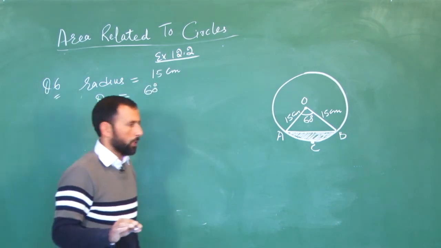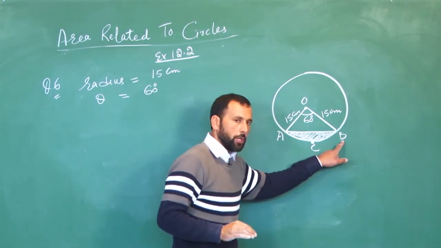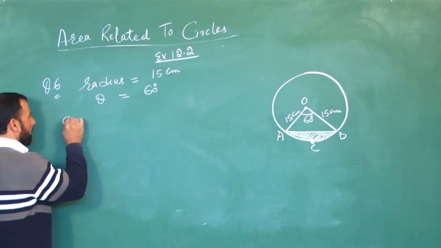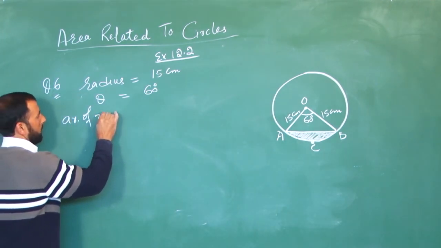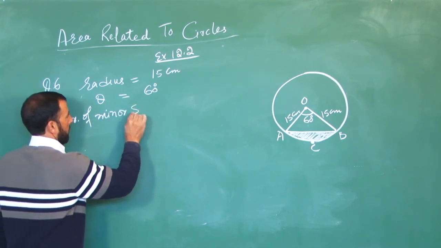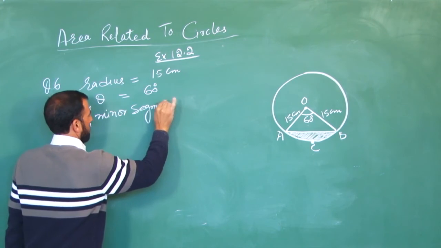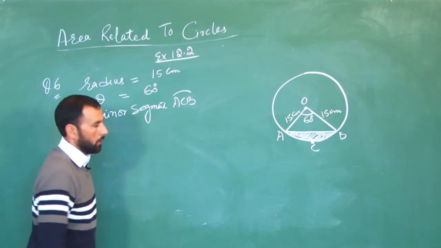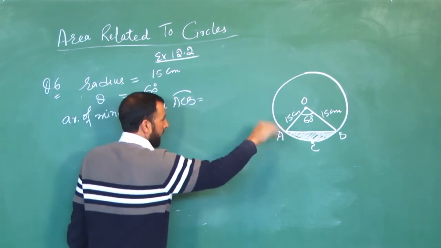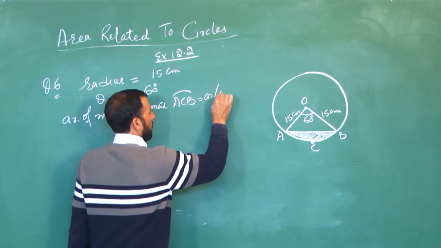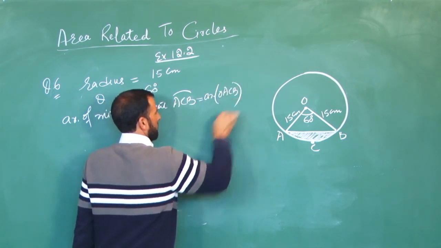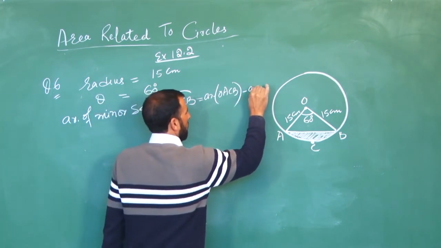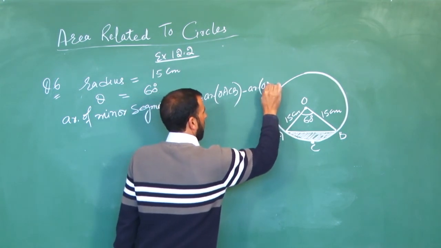We have to find out A, C, B. So we can write the area of the minor segment, which we name ACB, is equal to the area of the sector OACB minus the area of the triangle OAB.